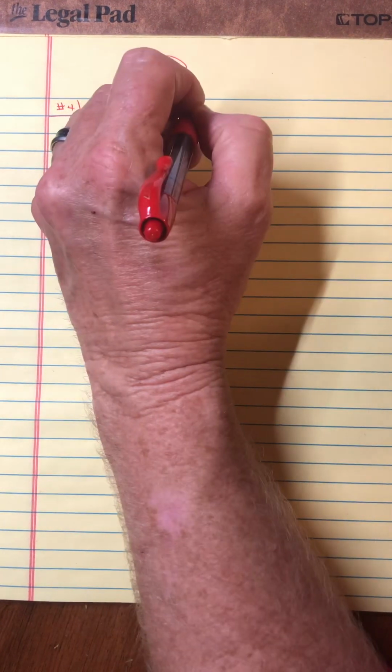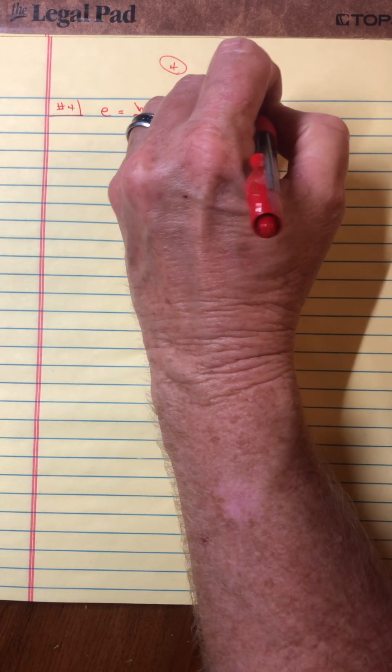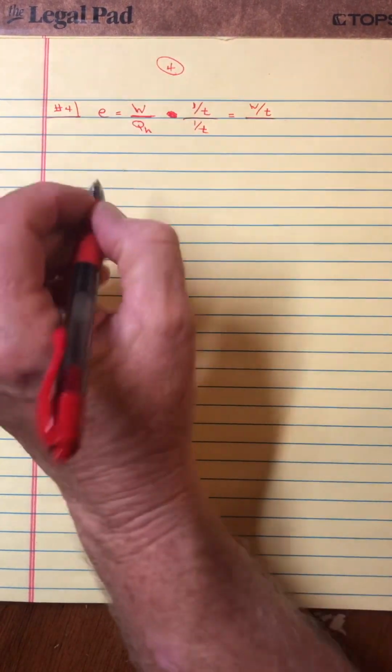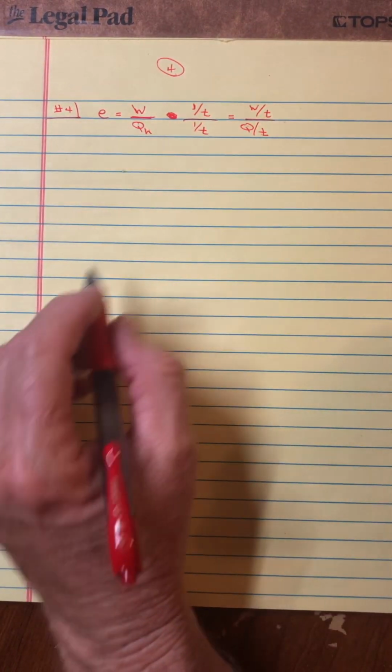So that's work. So maybe before I do anything, I need to multiply the top by 1 over T and the bottom by 1 over T. So we have rates. And so the work per time, the rate, is equal to the heat per time, the rate. And that's ultimately what I'm going to need, because it needs kilograms per second. It needs an energy rate. Okay, so the efficiency is 32%.